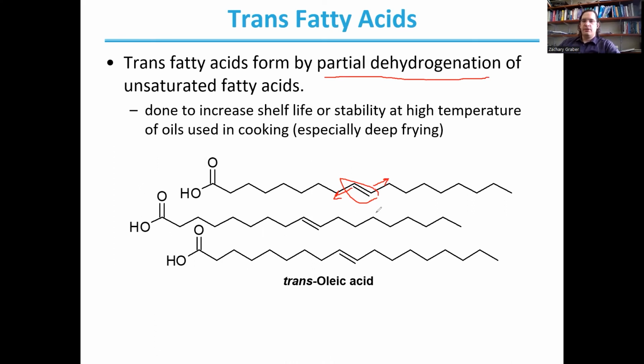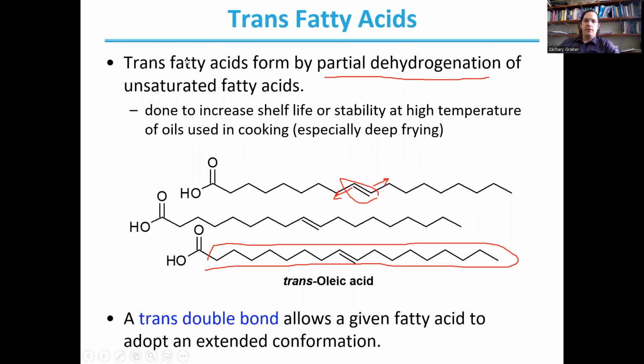Of course, as you're changing that trans double bond, it will change how the fat metabolizes, but it also changes the physical properties of our fat. Right? So you'll notice right away that with that trans fatty acid, we're now able to adopt a more extended conformation. We no longer have that kink or the bend that's created here by a cis double bond.